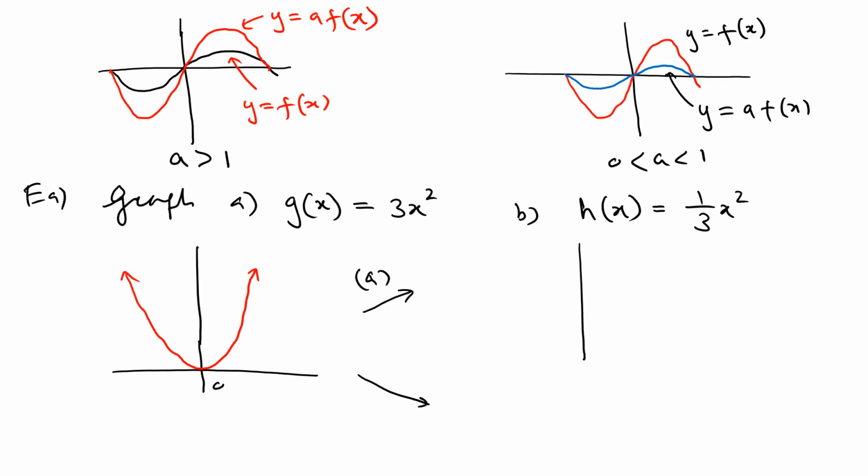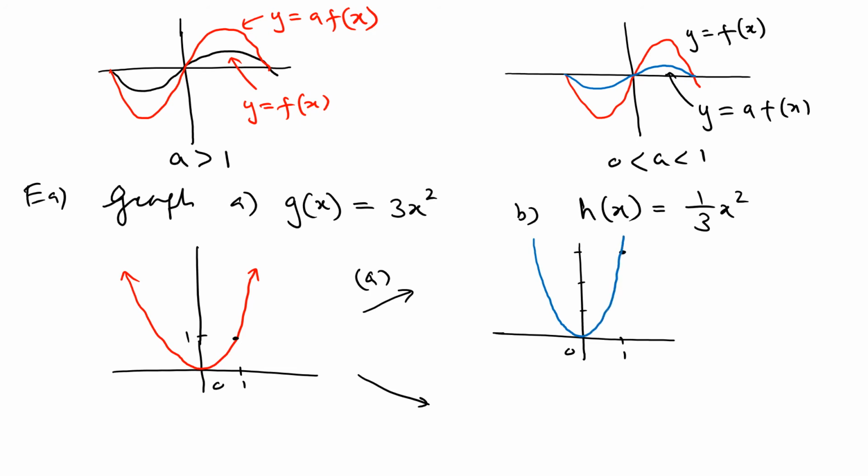Let's say you have the point (1, 1). What happens to that point? The y value 1 is now going to go to 3 because you multiply by 3. So it's going to go there, right? That means the new graph is going to look like this with the stretch.